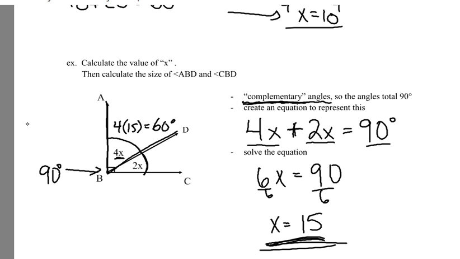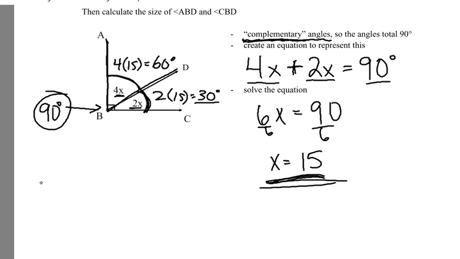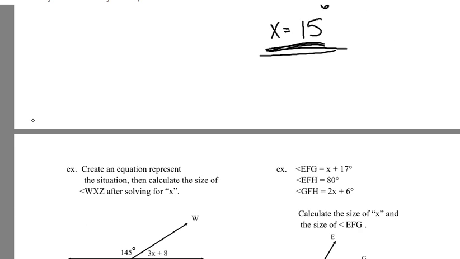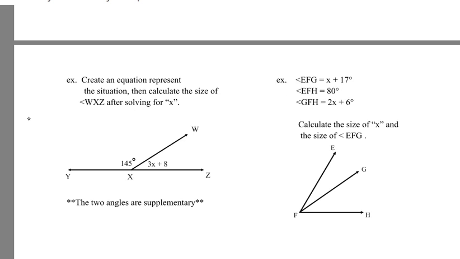The second angle here is identified as 2x, which we can now say is 2 times 15, which is 30. 60 degrees plus the 30 degrees together, two adjacent angles, total 90, which they should because they're a complementary situation. So you need to identify the relation that occurs and then write an equation for it.